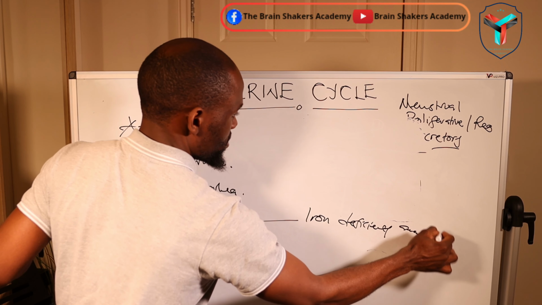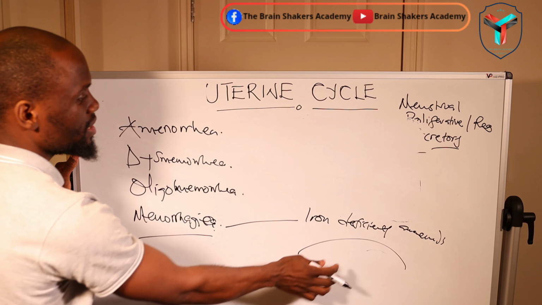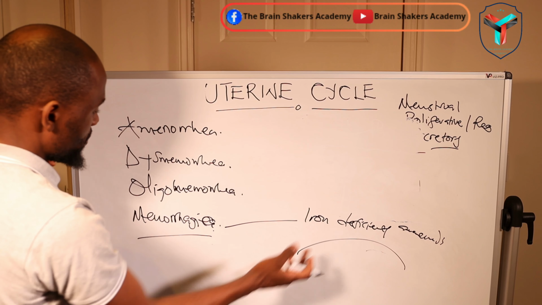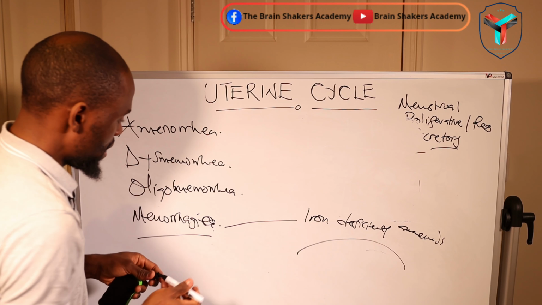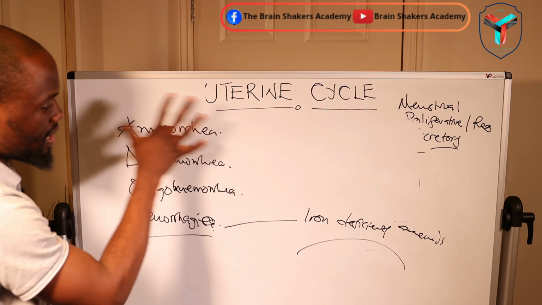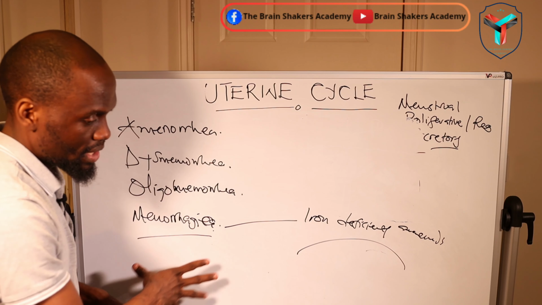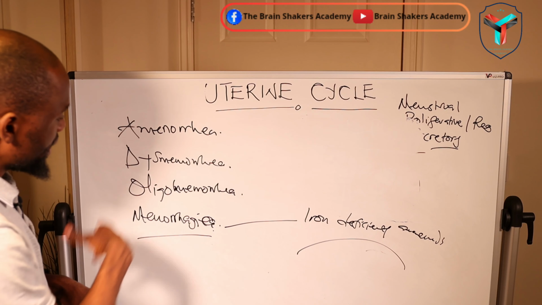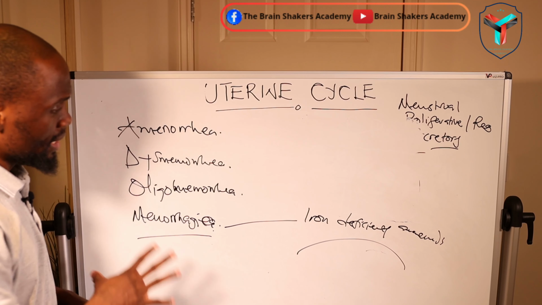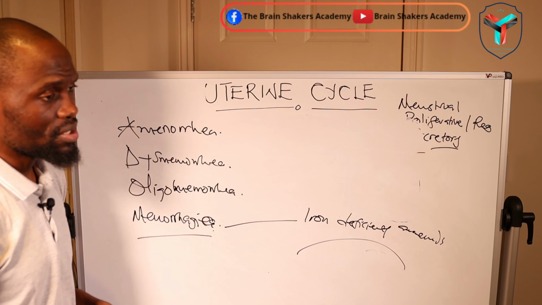And so if they reach this stage, they may need further treatment or iron supplements just to make sure that they do not get into that stage. There are other abnormalities and conditions that occur, such as hypermenorrhea and things like that. But basically that is about the uterine cycle.